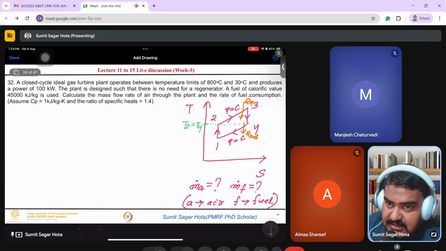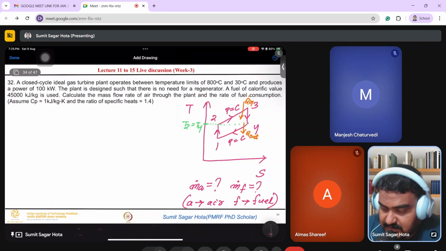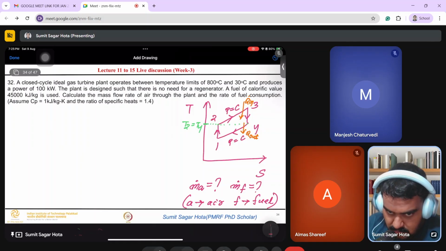The plant is designed such that there is no need for a regenerator. A fuel of calorific value 45,000 kilojoule per kg is used. Calculate the mass flow rate of air through the plant and the rate of fuel consumption. Assume Cp equal to 1 kilojoule per kg Kelvin and the ratio of specific heats equal to 1.4.